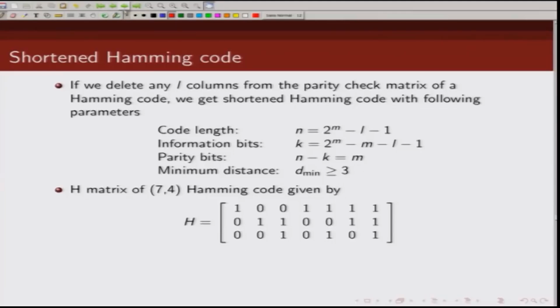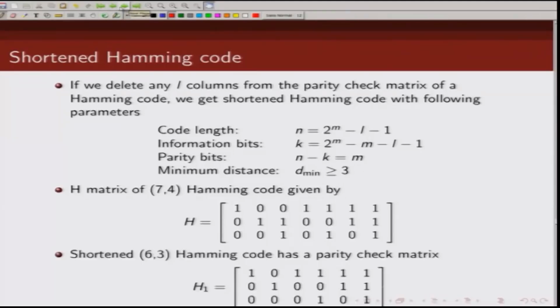This is one example of a 7-4 Hamming code. So, if I delete this column, what do I get? I get a shortened 6-3 Hamming code. So, when I delete this, my n becomes 6 from 7, and my information bits also reduce from 4 to 3. This code also has minimum distance 3. You can see 3 columns will add up to 0. Let us say this column and this column add up to 0.